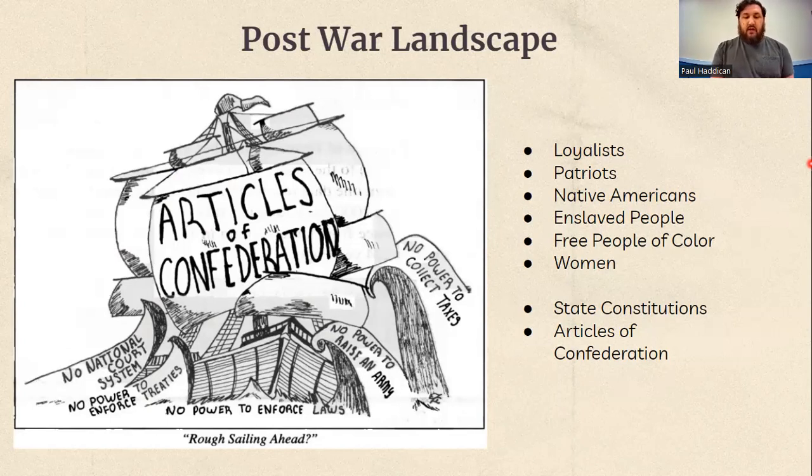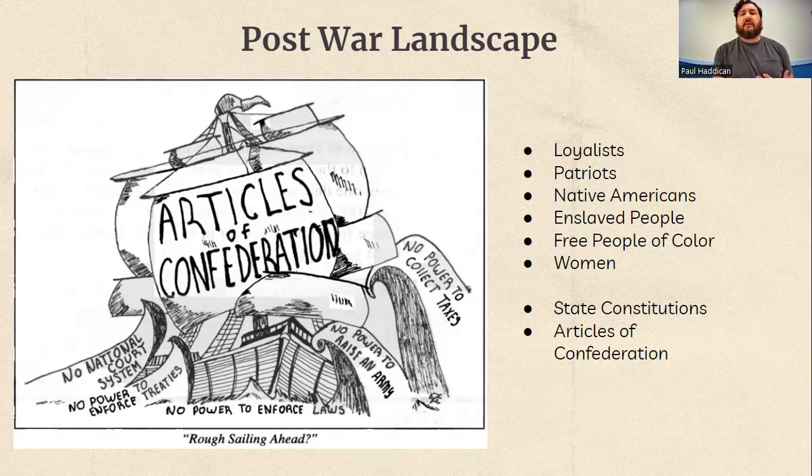Basically, it says, okay, all 13 states, we're going to work together, but we're each going to have our own money, our own laws, our own prices of things, and our own way of handling things. And so the Articles of Confederation does not set us up for a lot of uniformity, a lot of unitedness, right? It's a long way from being a United States of America, right?